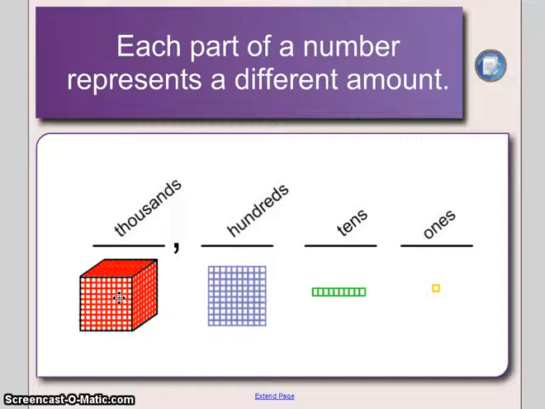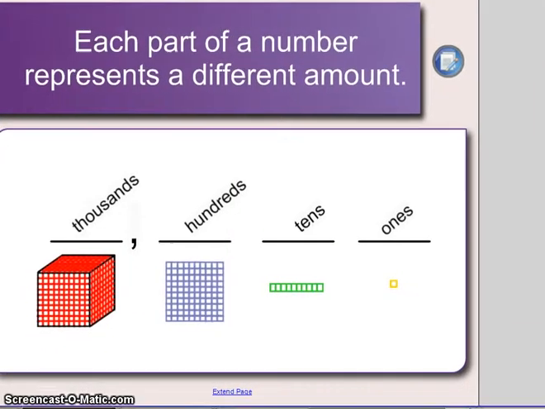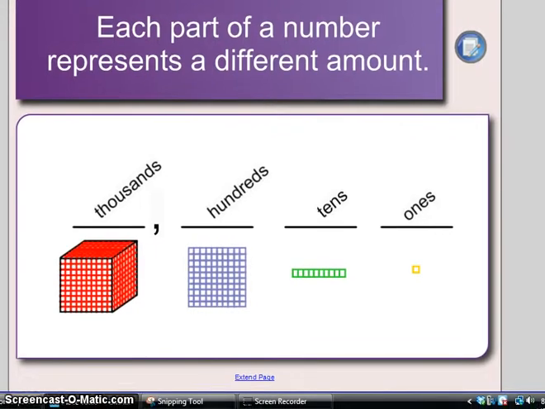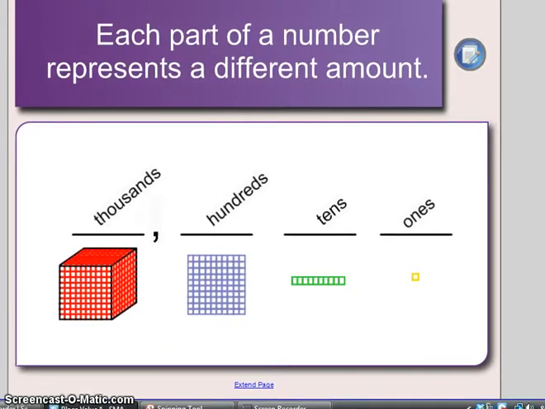They all are connected back to each other, and each one is based on the ones, tens, hundreds, thousands. One thing I do want to point out here is each digit to the left is 10 times larger than the digit to its right. For example, if we multiply 1 times 10, we get 10. And if we multiply 10 times 10, it is 100.